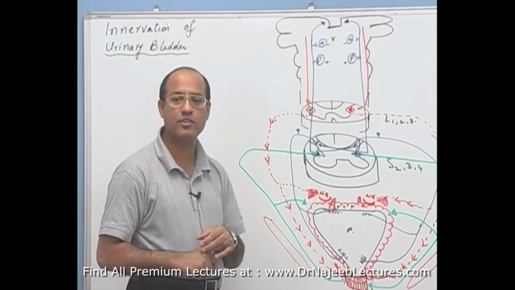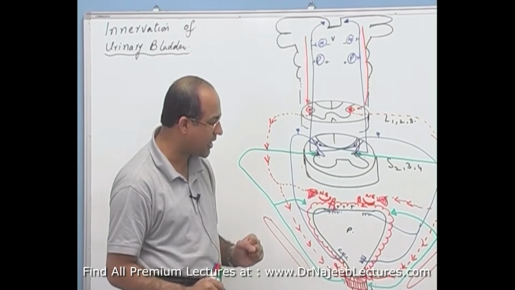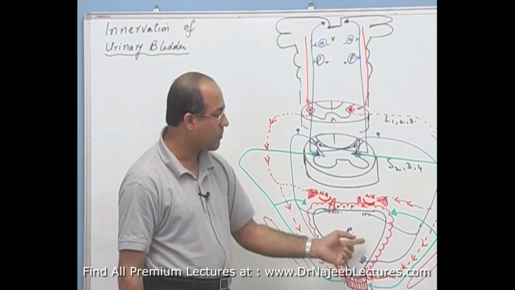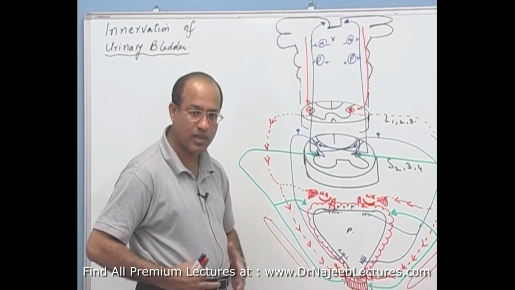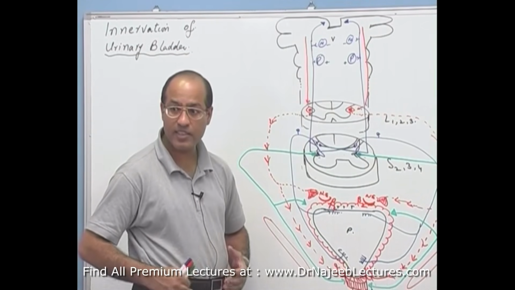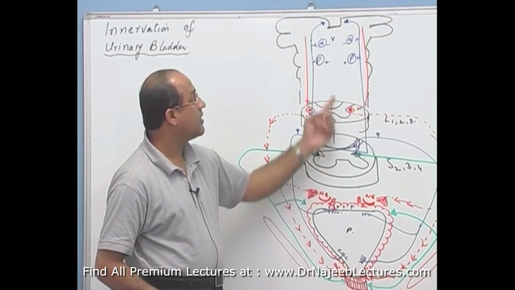And if you still decide not to go to the washroom and you want to stay in the class, the sensations for voiding, or the feeling of the desire for voiding, increase progressively.